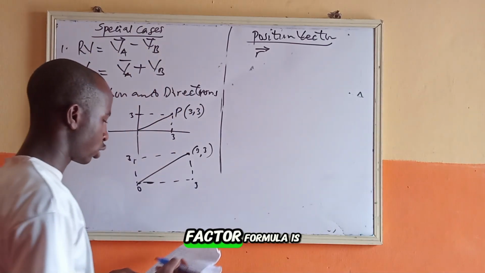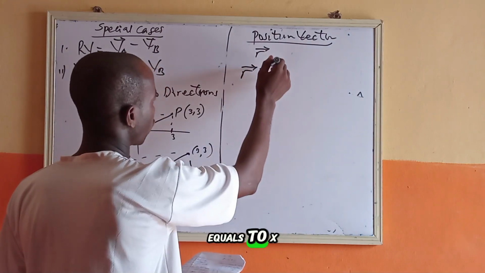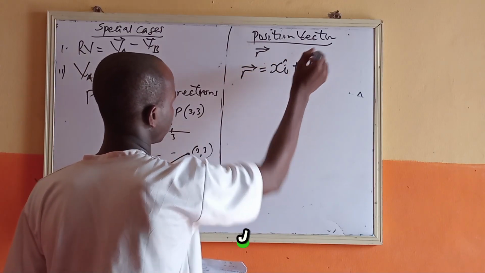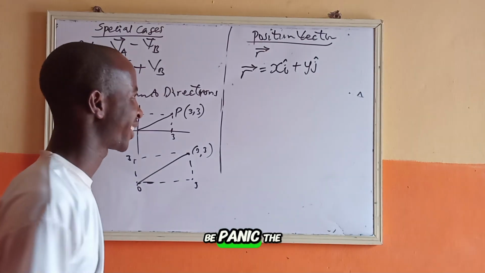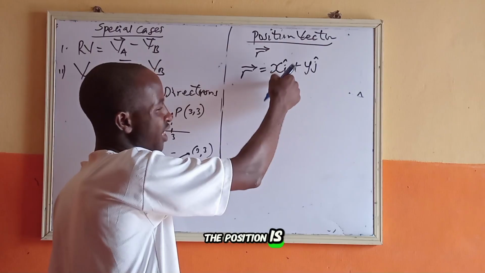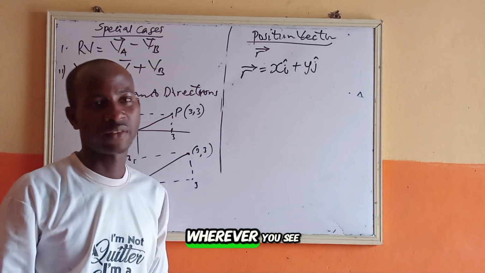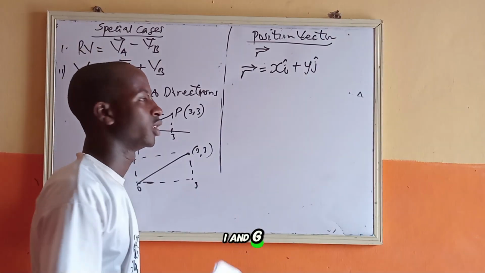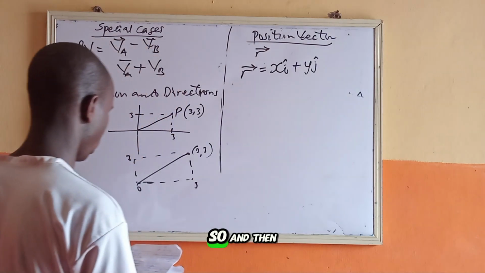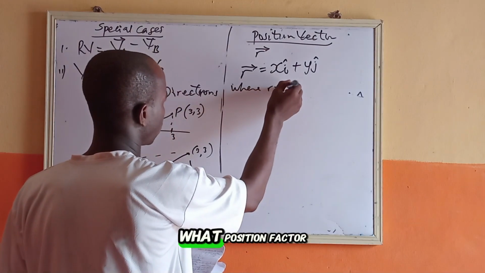The position vector formula is r equals xi plus yj. Don't panic. The i and j show where the object stands on the x axis and where it stands on the y axis. Wherever you see i and j in mathematics, that refers to a vector. So position vector, where r is our position vector.